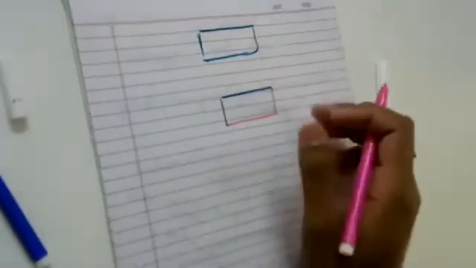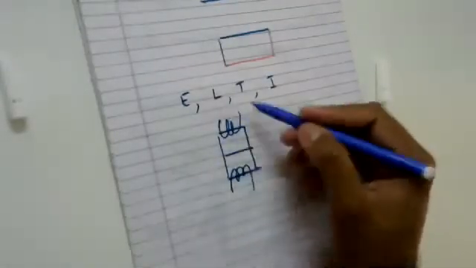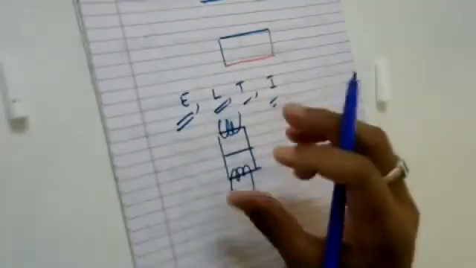So your core is made up of laminations of alphabets such as E, L, T, I. Normally laminations such as E like this and I like this as a plate are used to make the lamination wherein the winding can be done in order to build the shell type of transformer. In tomorrow's class, I will show you the actual laminations for E, L, T, and I. So when I join those elements, it forms the core.